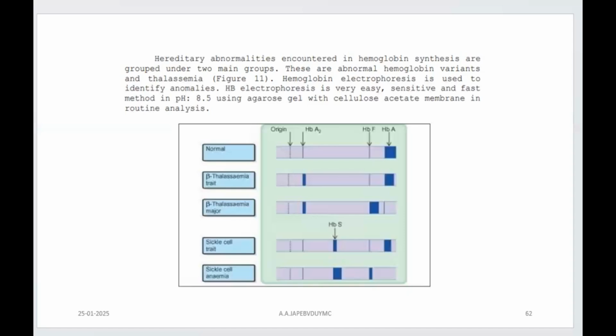So abnormal hemoglobin are there, and thalassemia is there, right? So hemoglobin electrophoresis is done to identify the abnormality. So HB electrophoresis is a very easy, sensitive, and fast method at pH 8.5 using agar gel with cellulose acetate membrane in routine analysis. It is done.